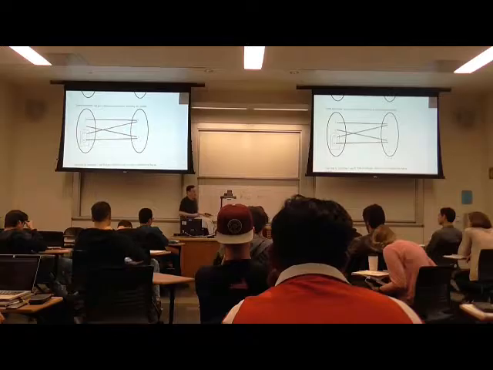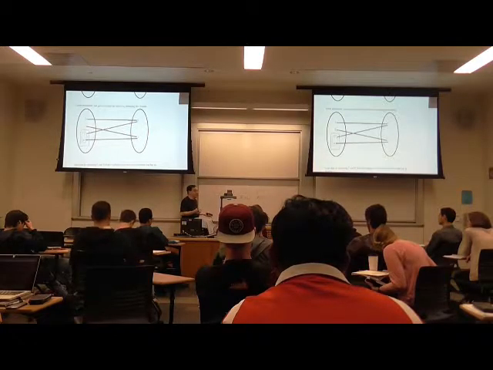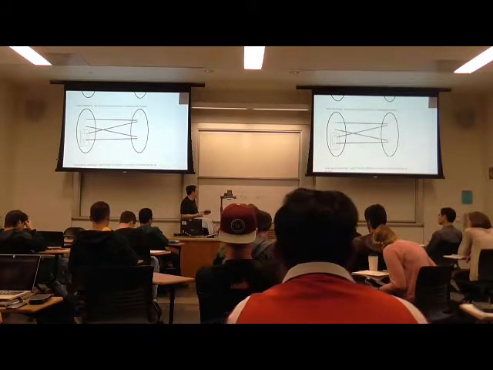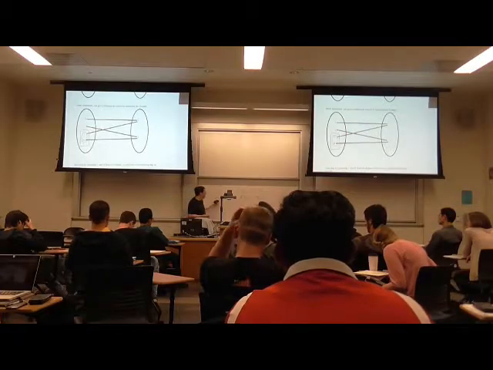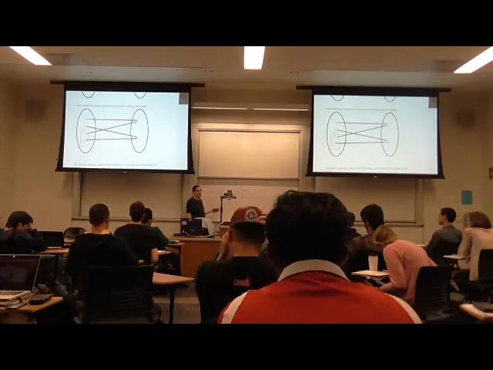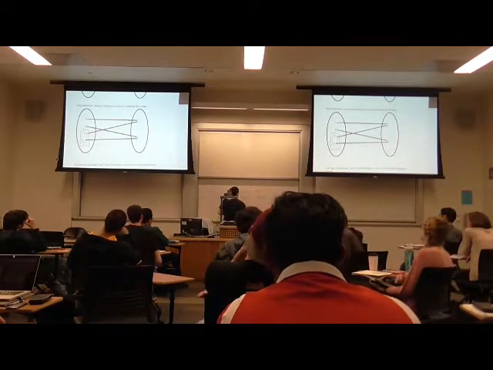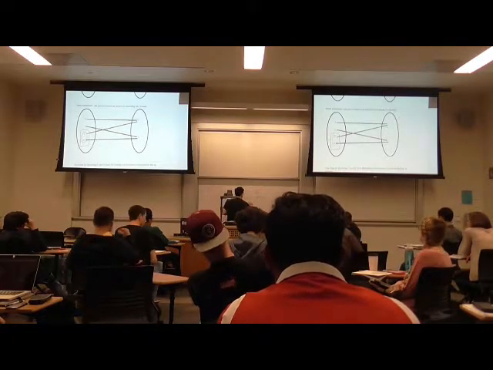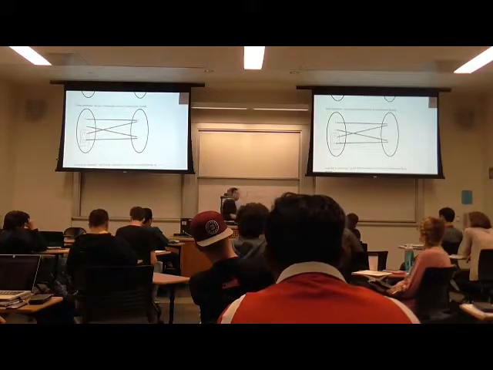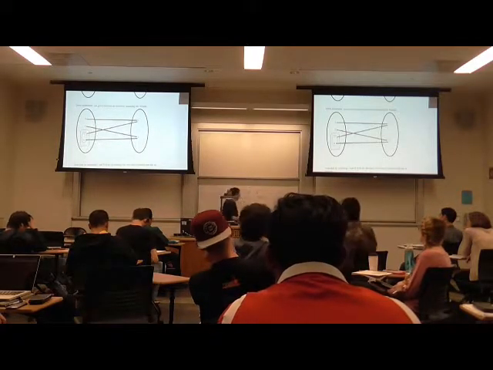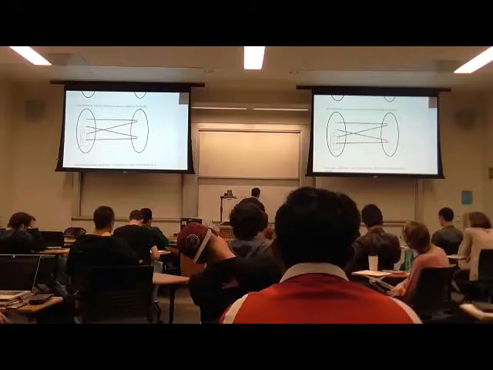Now, this is a different function. It's very similar. The only difference is in the domain. But now this function can have an inverse. Does someone want to tell me what the inverse is? You should know. Square root? Square root.